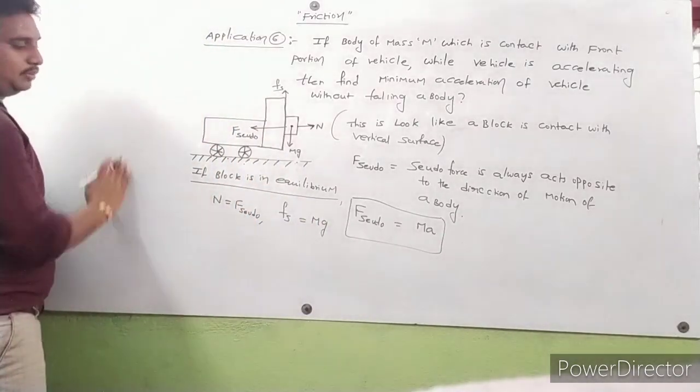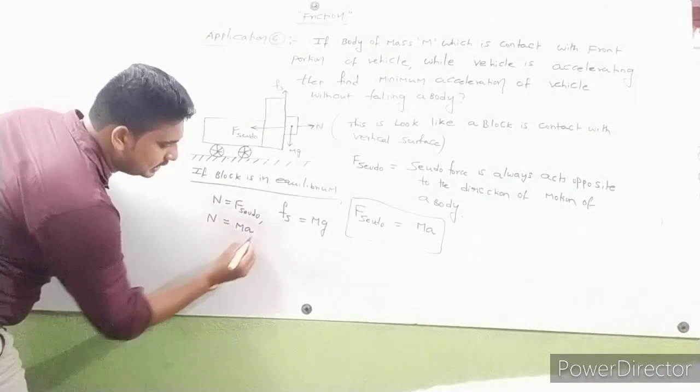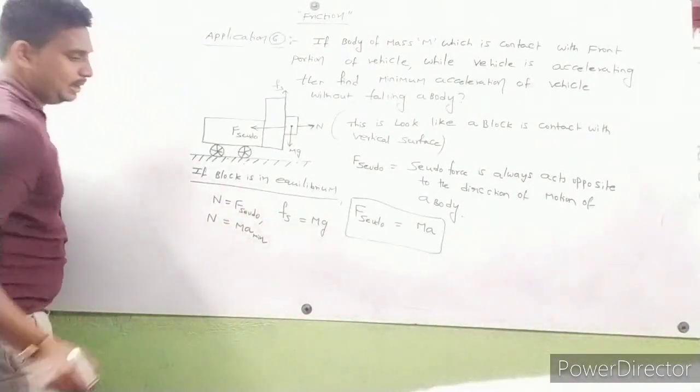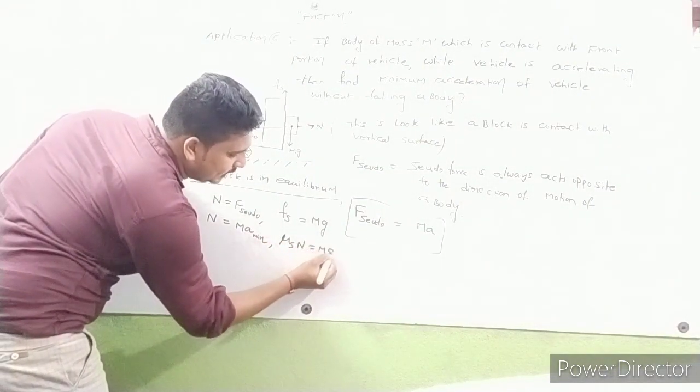N equals F pseudo means mass into acceleration, that is m a minimum. Here F_s means mu_s into N is equal to mg.